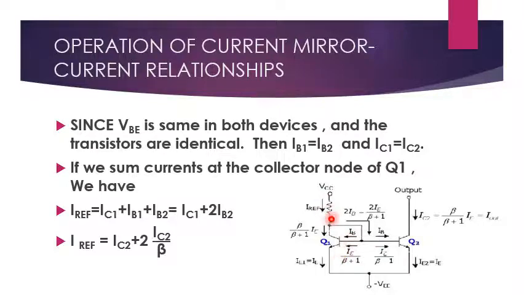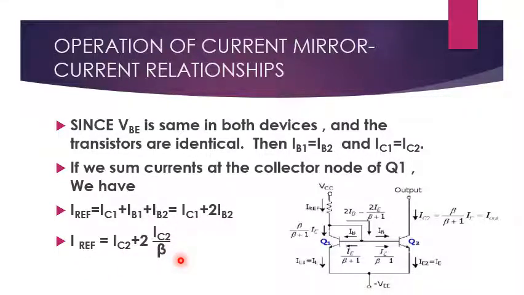So I reference equals IC1 plus IB1 plus IB2. IB1 and IB2 are equal, so it is IC1 plus 2 times IB2. So the reference current is IC2 plus 2 times IC2 by beta.